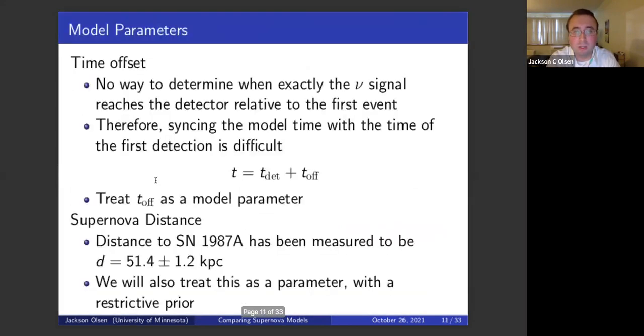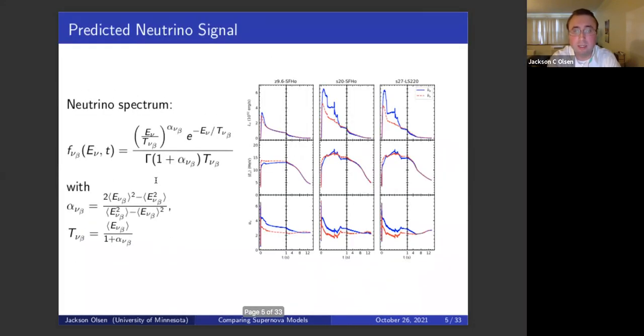So I guess you can look at the alpha parameter here. This is controlling the spectral shape. And so you see that the 9.6 solar mass model is fairly different, at least in this first second, than the other two models, which have very similar shapes.